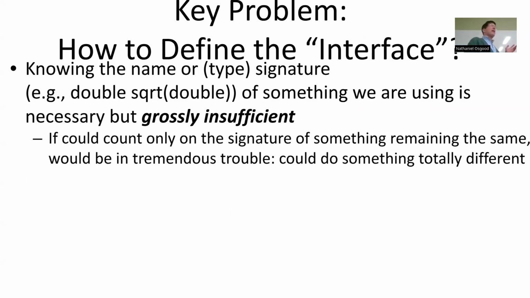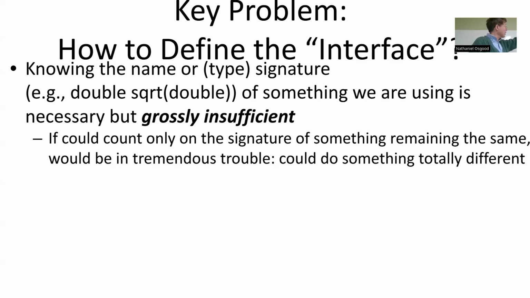Now, it bears noting that when we specify the interface, certain basic things, like this is a function that takes a double argument and returns a double, is way underpowered. Like that does not give us firm properties we can count on. It says it needs a double to do its job, fair enough. We can't pass it a string or something, but it doesn't tell us anything about the properties of it.